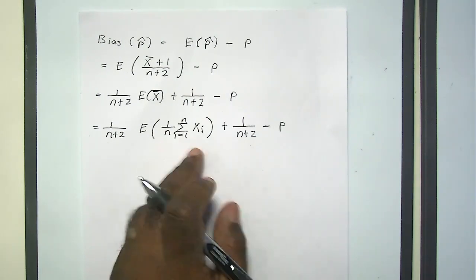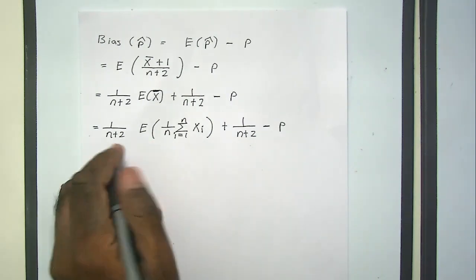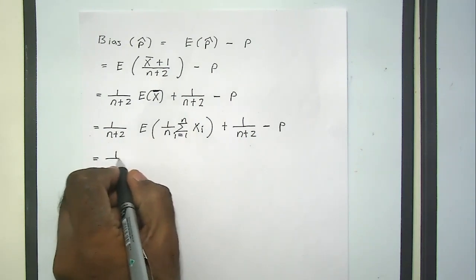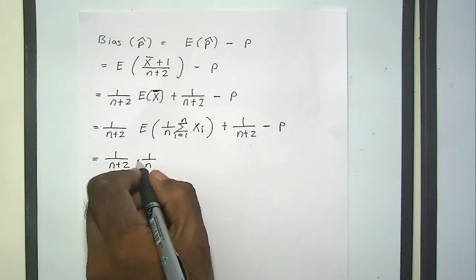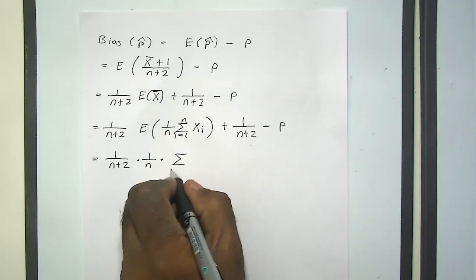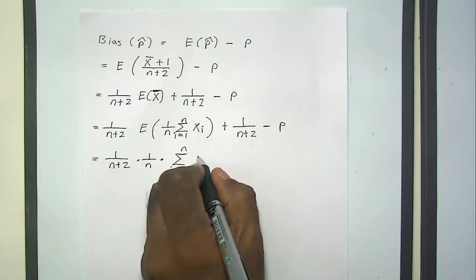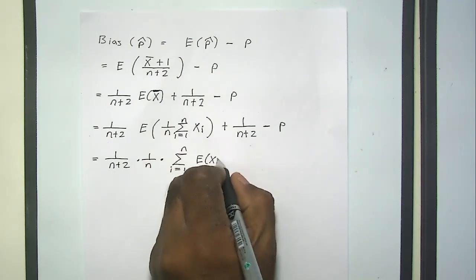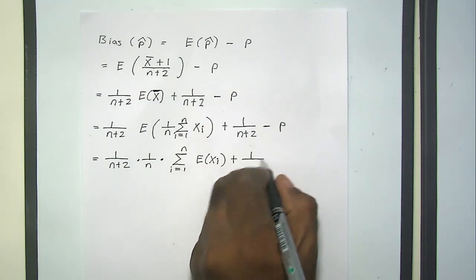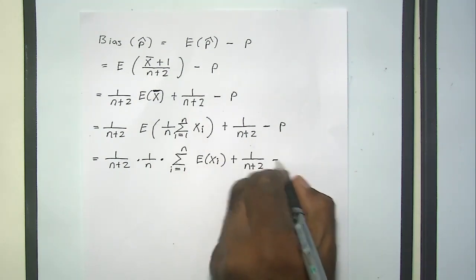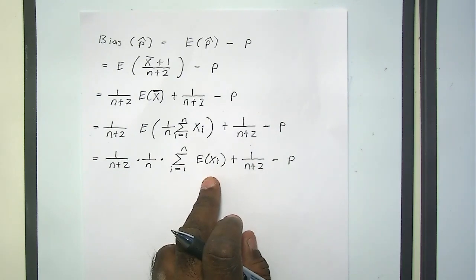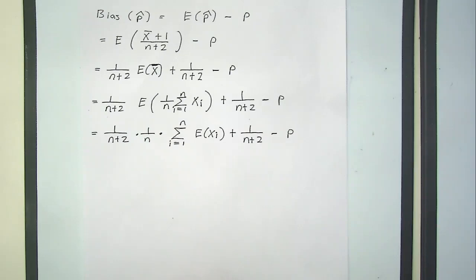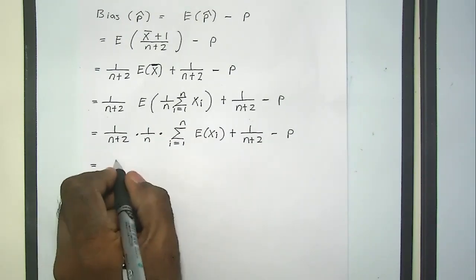Now I'm going to take the expectation inside, so this becomes 1 over n times the sum of the expectations. I'm sure all of you know that the expectation of a binomial variable is n times p, right?